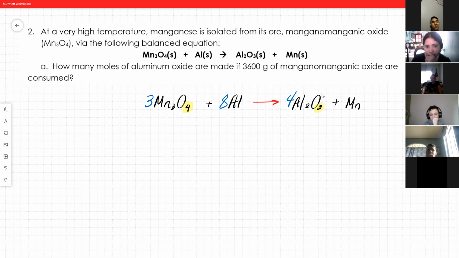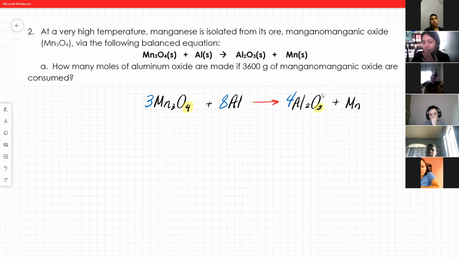Now, how many manganese do you need? How many manganese do you have in the reactants? You have 9. 3 as a coefficient and 3 as a subscript. So you multiply them, 3 times 3, you get 9.